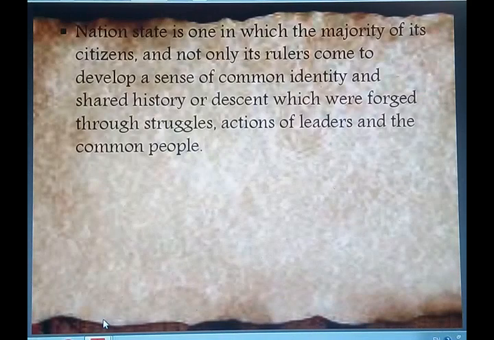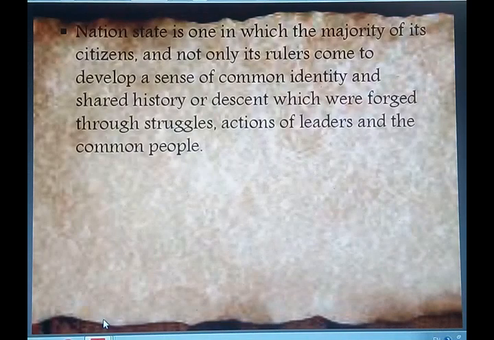Remember, the idea of the nation state is that citizens and rulers all come to agreement on a common identity, sharing the same history, same descent. Descent means same past, and forged through struggles. These struggles mean when you bring political changes, through actions of leaders and common people.